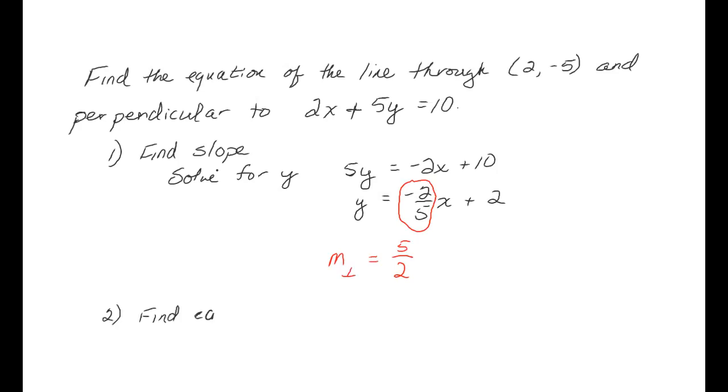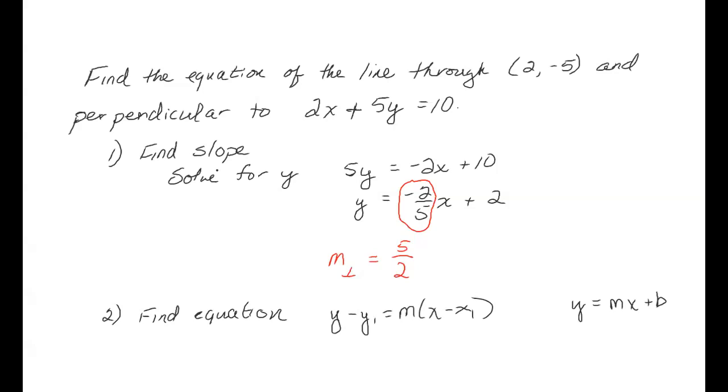Then once you do that, we're going to find our equation. And you have two options. You can either use the point slope formula, which is my preference. Yeah, that's what they were using. But if you like to use y equals mx plus b, that will work as well. So I can show you both. If you use the point slope formula, you're going to plug in your point.